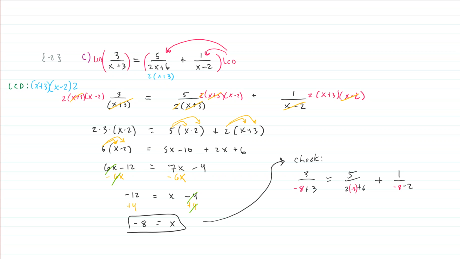Negative 8 and 3 gives negative 5, so we have negative 3 over 5 equals 2 times negative 8 gives us negative 16, and then we add 6 to get negative 10. 5 over negative 10 is negative 1/2.